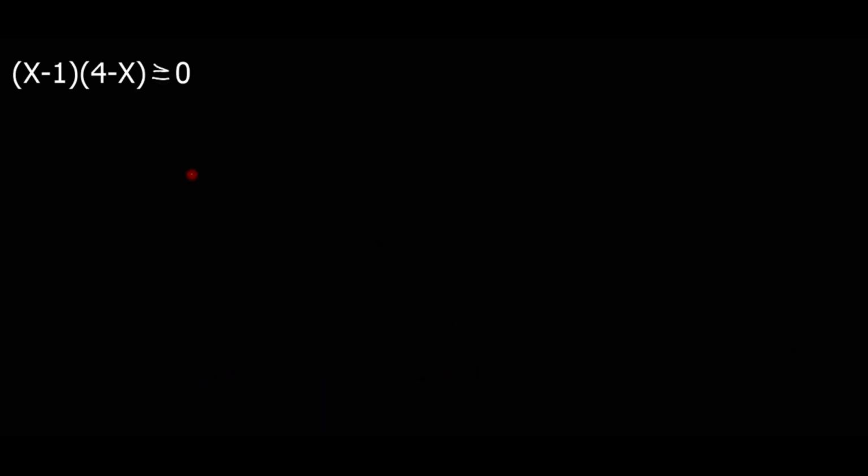And then this one x minus 1 times 4 minus x is greater or equals to 0. Even this one is already factorized, so the first step is to find the critical values.